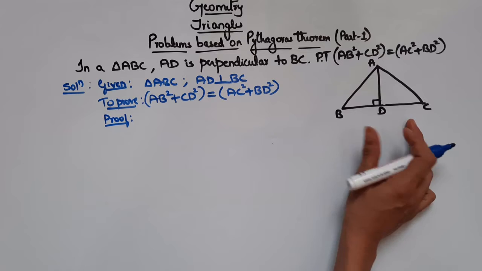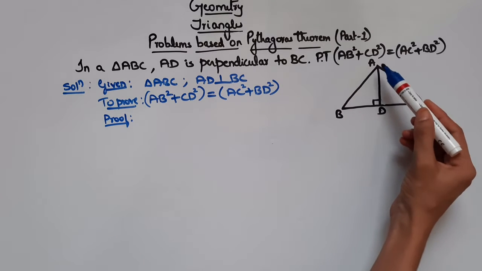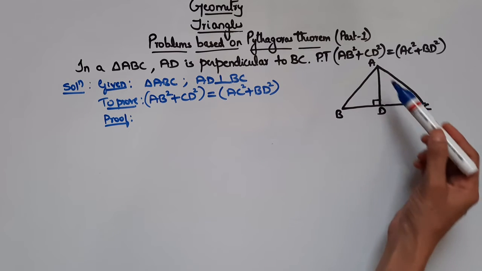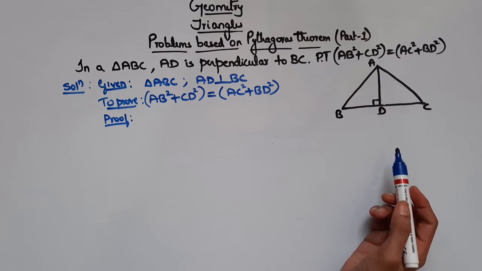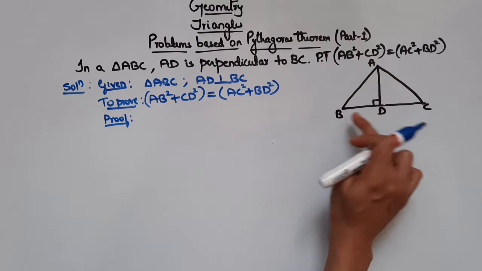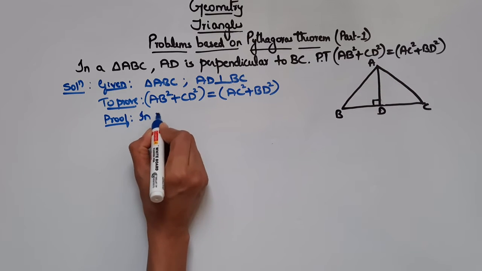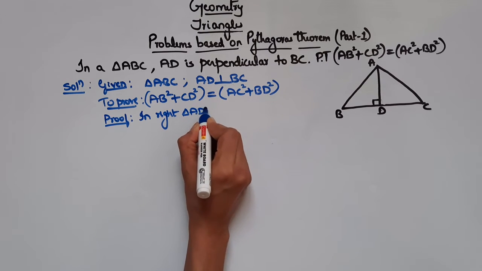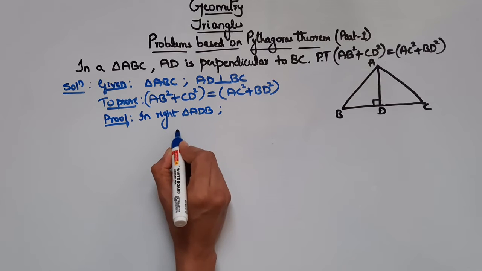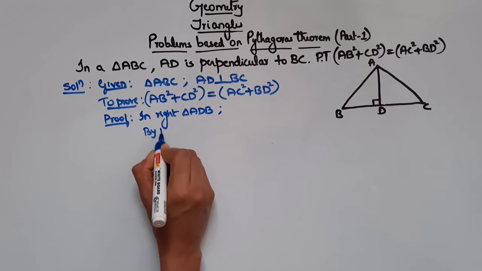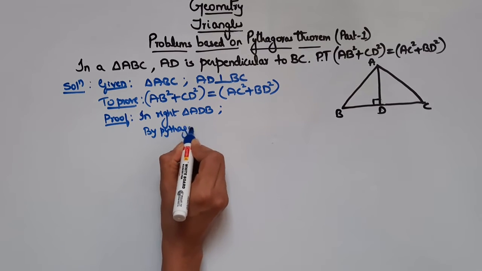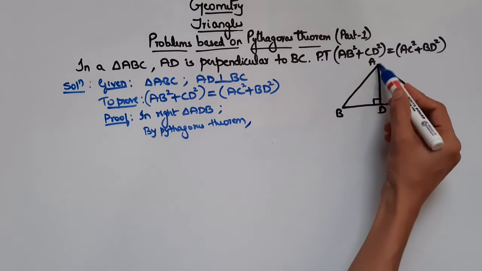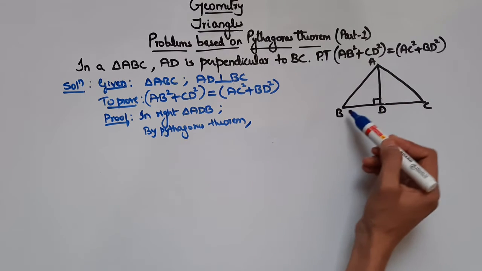So here in the figure, we have two right angle triangles, triangle ADB and triangle ADC. Here AD is common to both triangles. So first let's see triangle ADB. In right triangle ADB, we know by Pythagoras theorem AB square is equal to AD square plus BD square.